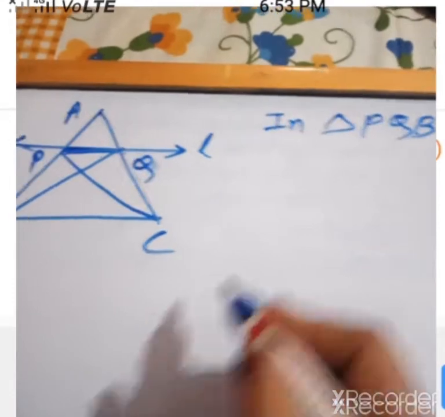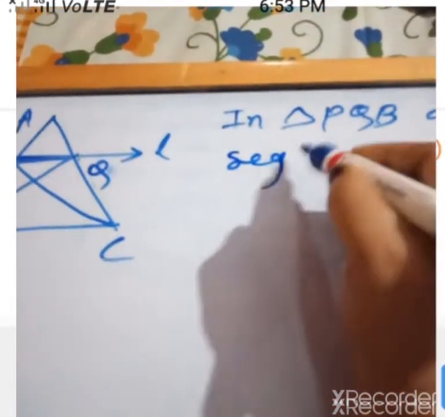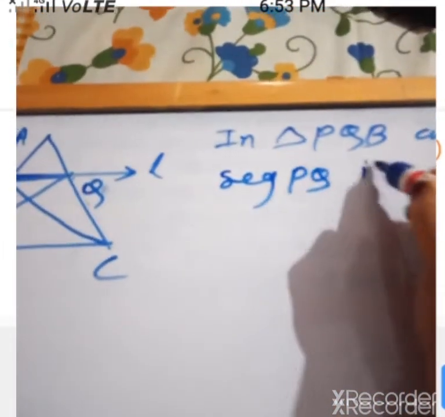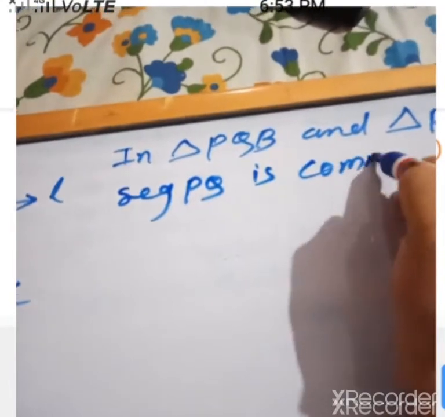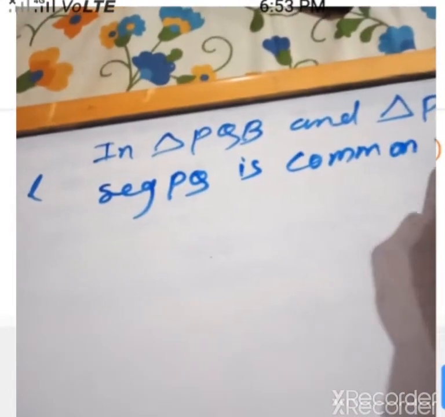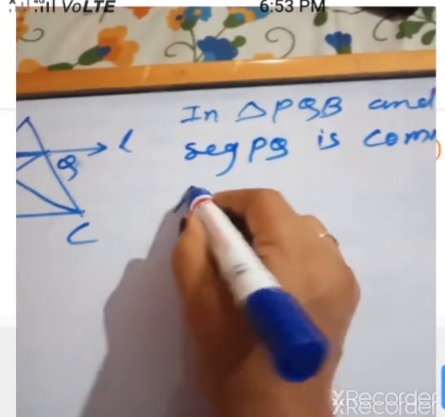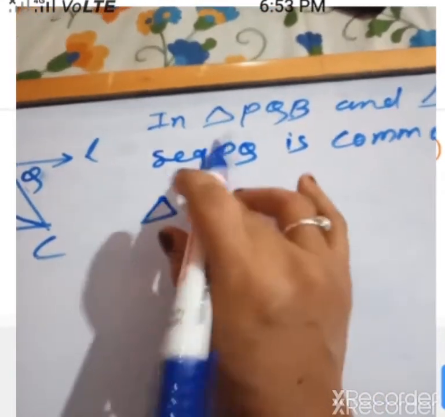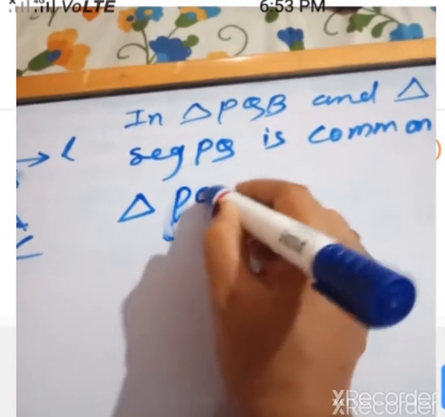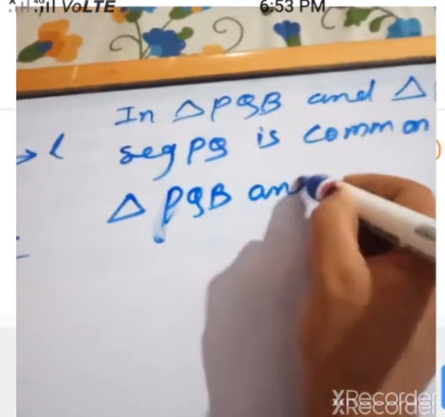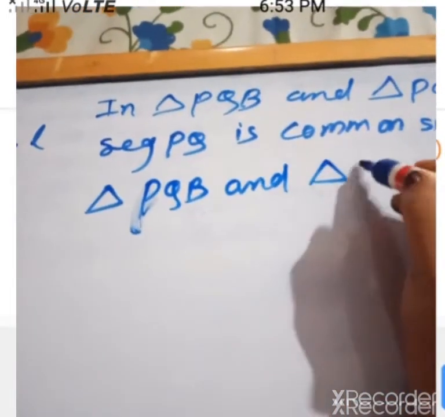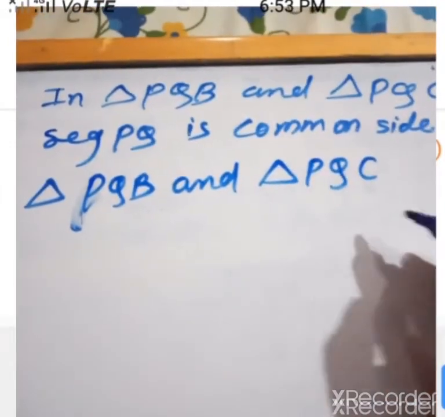Therefore, segment PQ is a common side of triangle PQB and triangle PQC.